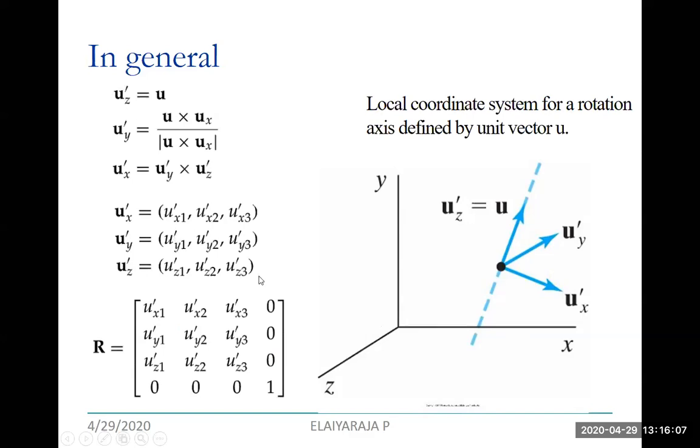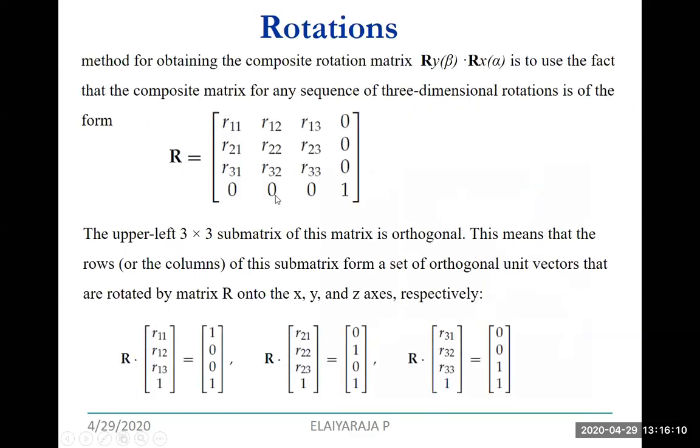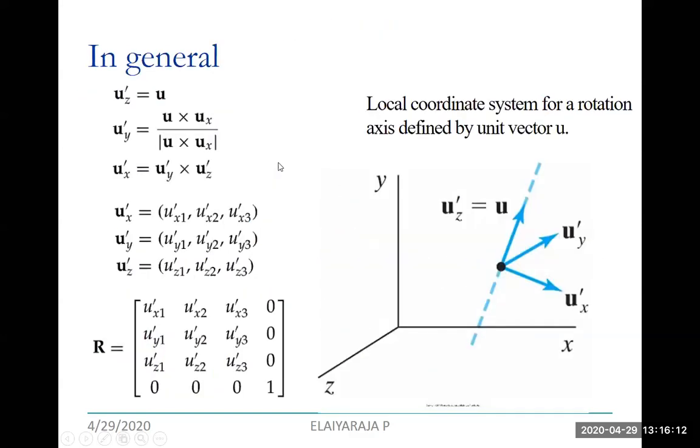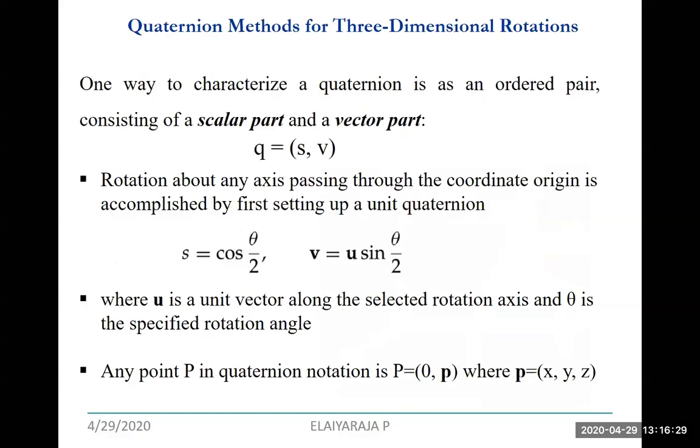You can write the composite rotation matrix with respect to the new unit vectors x1, x2, x3, y1, y2, y3, as well as z1, z2, z3.